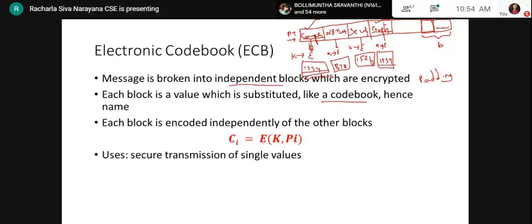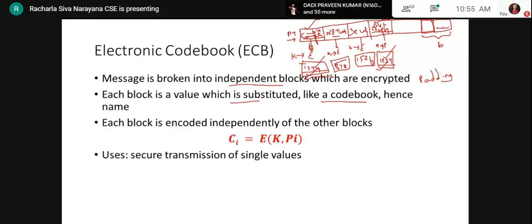Here we have 64 bits and these 64 bits are the same, so we get a 64 bit output here and a 64 bit output here, and both outputs are the same. Each block is a value which is substituted: these 64 bit values produce these 64 bit values.